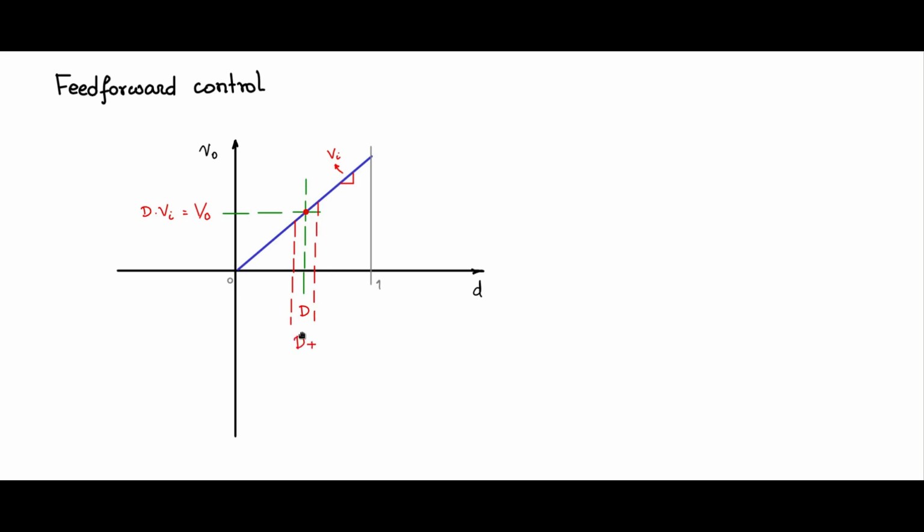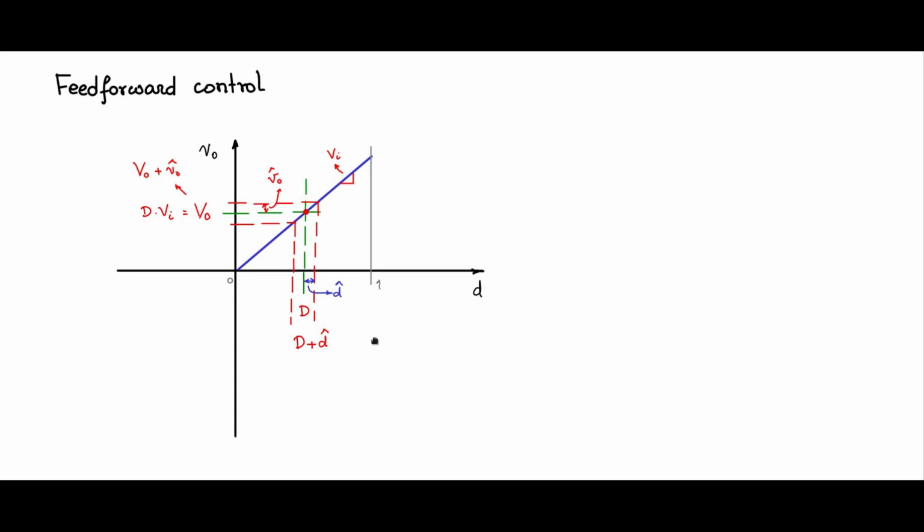So let me say that D is actually not D, but D plus or minus D hat, the small variation about the neighborhood of the operating point. And likewise on the Y axis, this is V0 plus V0 hat, where V0 hat is nothing but the variations in the neighborhood of the operating point.